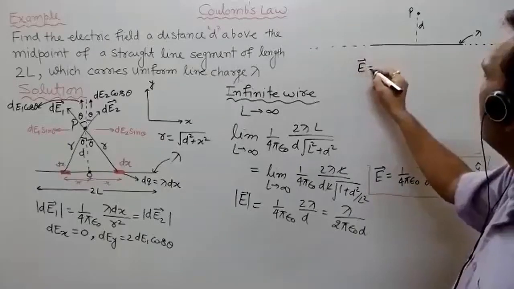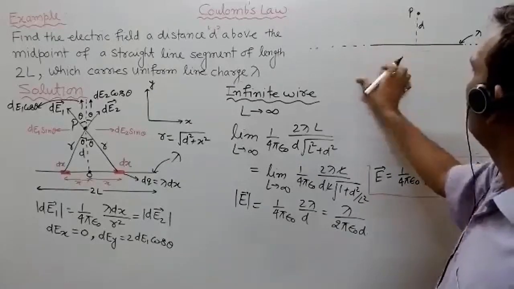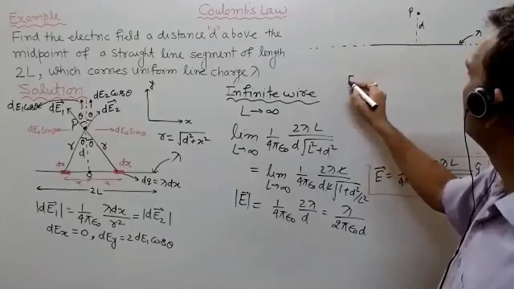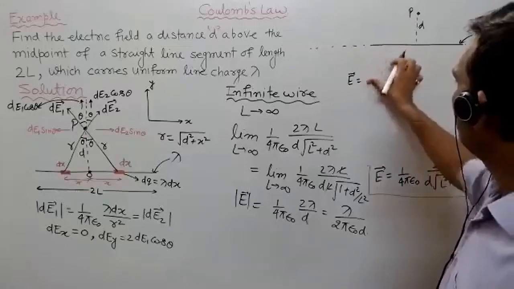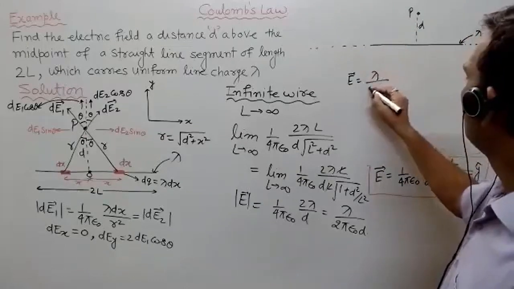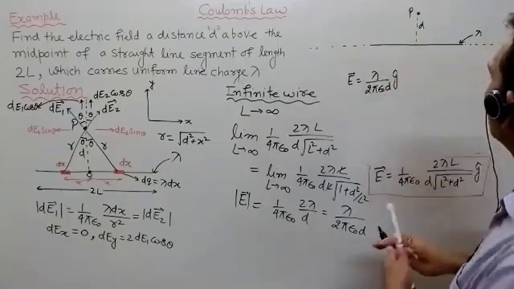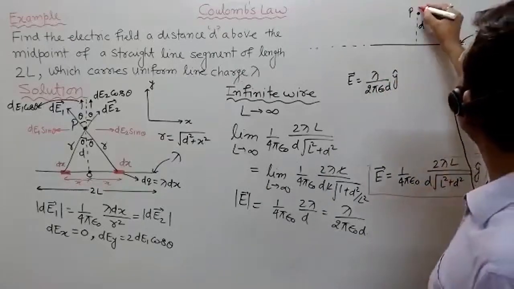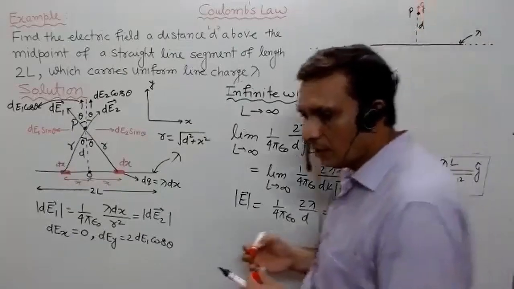The electric field E is given by lambda by 2 pi epsilon naught d y cap. So at this point, what will be the direction of the field? Y cap. Is it clear?